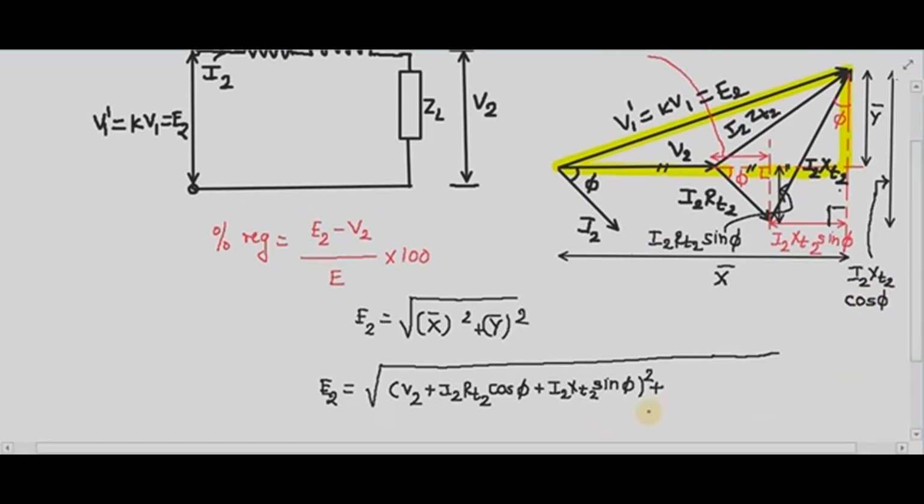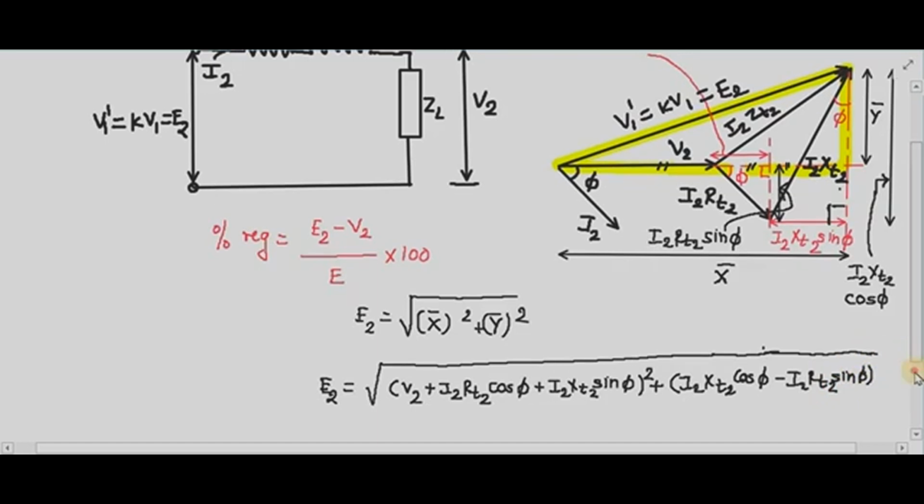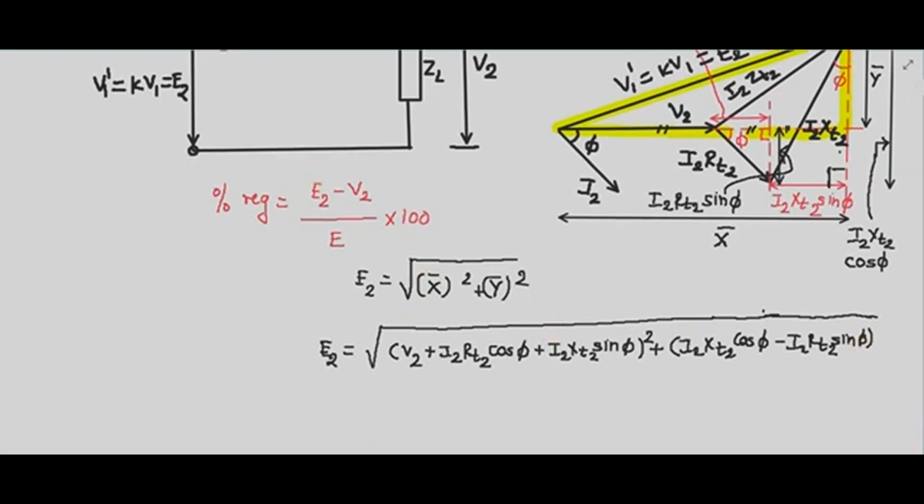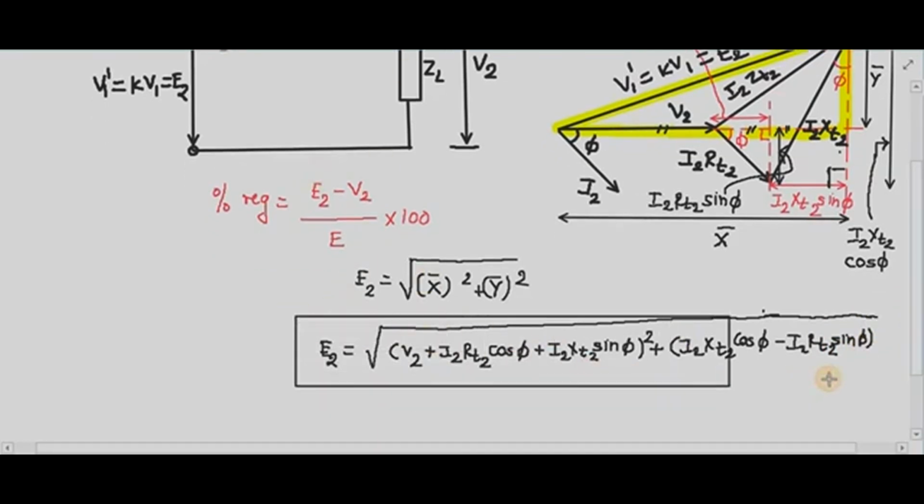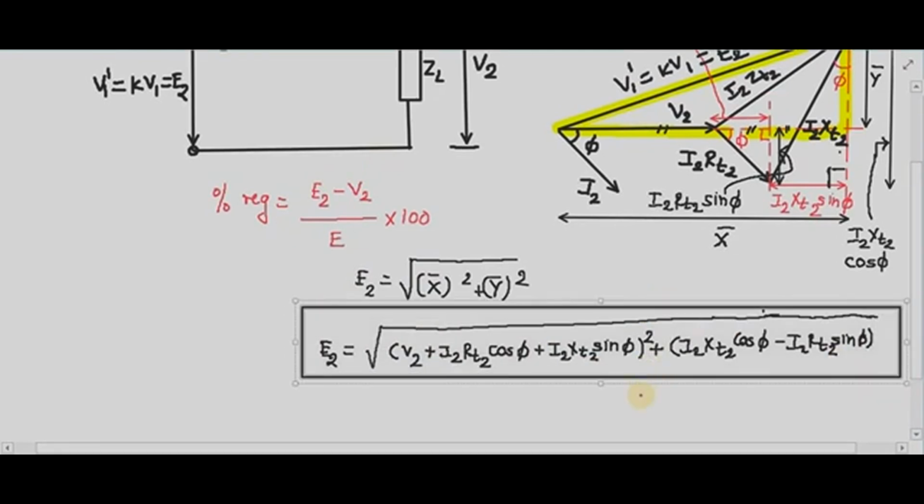So for the y component, I can write I2 XT2 cos of phi minus I2 RT2 sine of phi. Right? So this will be the formula for E2.